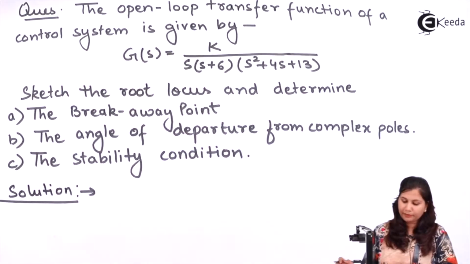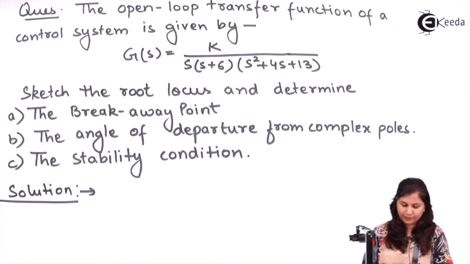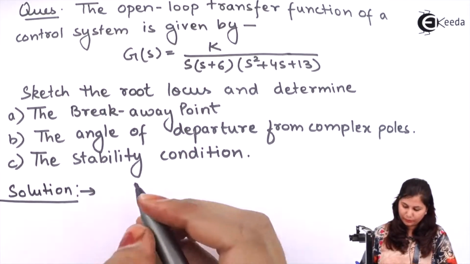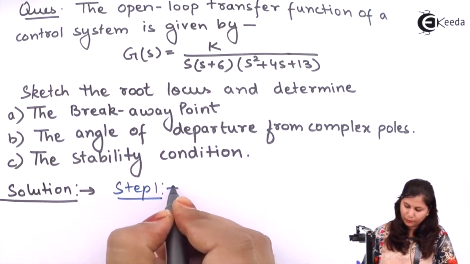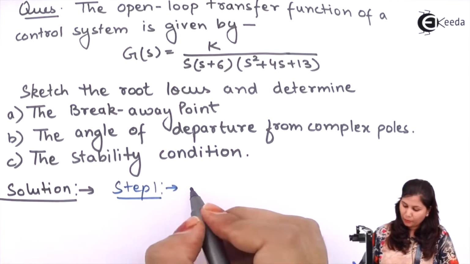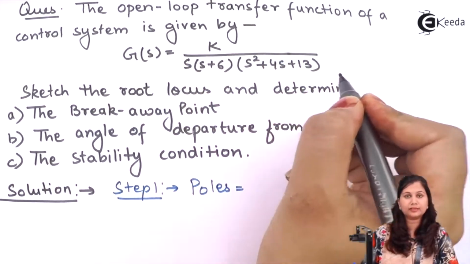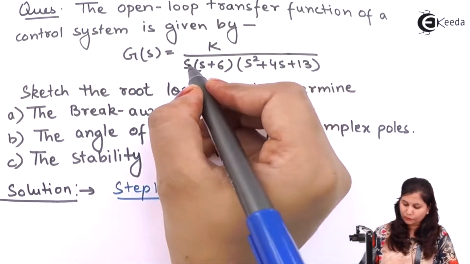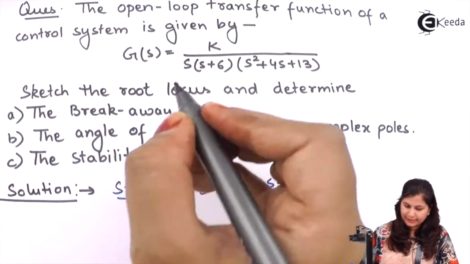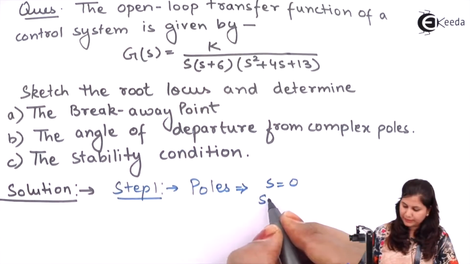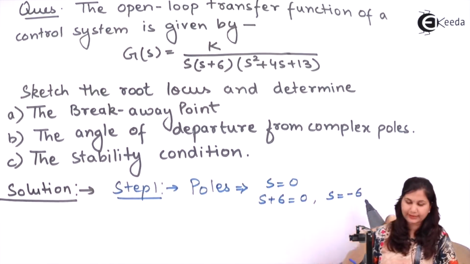Our first step will be to find out the poles and zeros of this system. Poles will be obtained by equating the denominator terms to 0. So first we will have s equals to 0. Then our second pole will be s plus 6 equals to 0, that is s equals to minus 6.